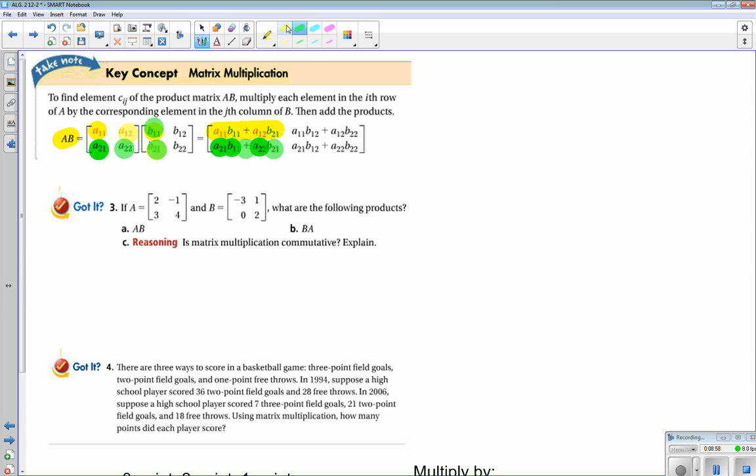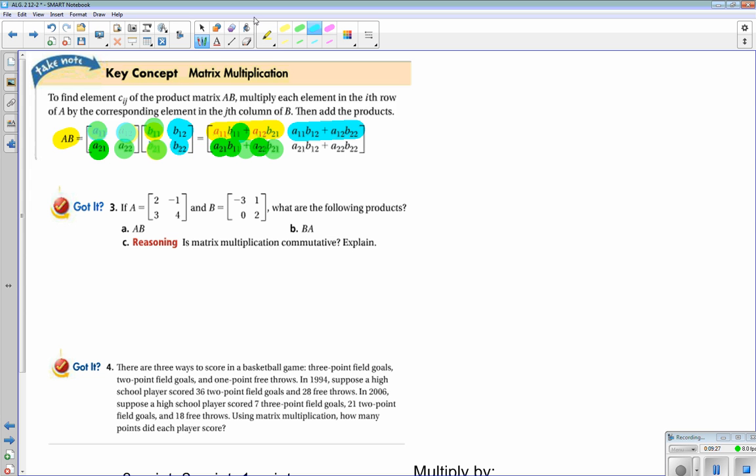Then to get this guy, I take my first term and my first guy from the second column, and then my top guy here, and then multiplied by this guy over here.